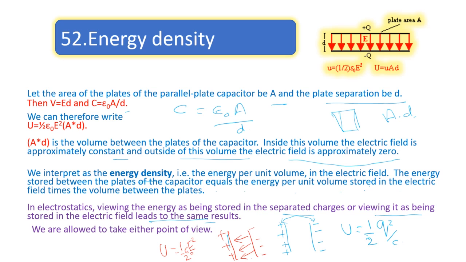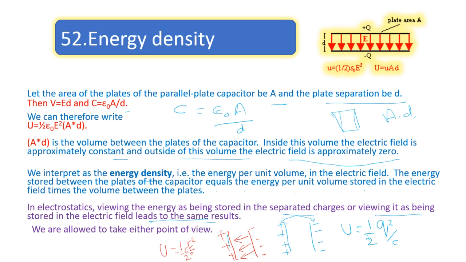Therefore, now we have two ways of looking at the potential energy stored in the case of a capacitor. One is the charges themselves have the energy, or else the field has energy.